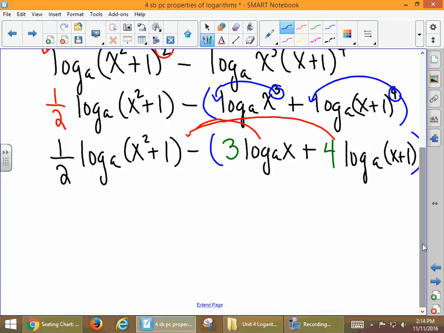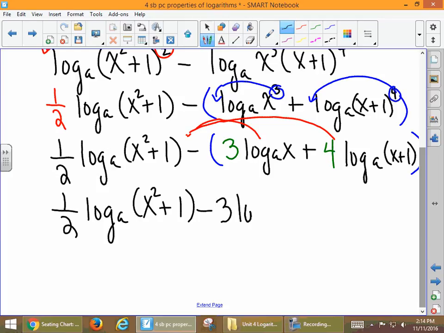So it's going to be 1/2 log base a of x squared plus 1 minus 3 times log base a of x minus 4 log base a of x plus 1. Is that it? There, that's it. I distributed the negative, negative to here, and negative to there.